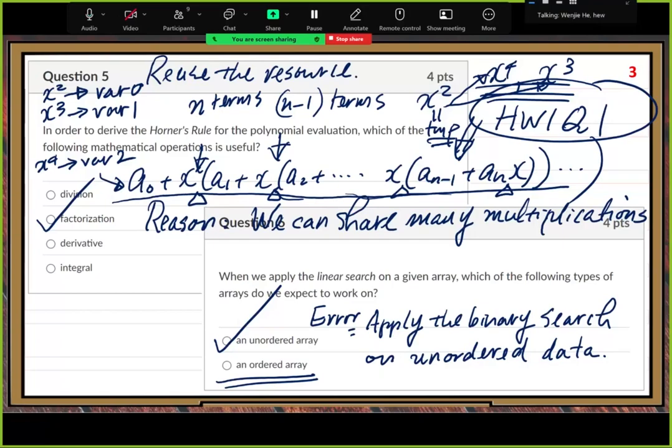So this kind of error happens a lot. But for linear search you cannot get it wrong, right? No matter if it's ordered or unordered, it's always correct. But for binary search, if you do this, you get a wrong result. So you do some garbage work, actually.